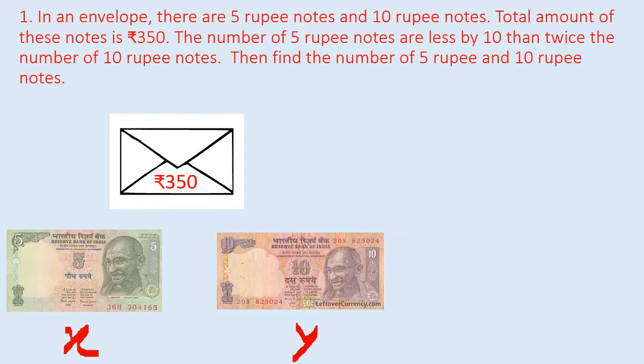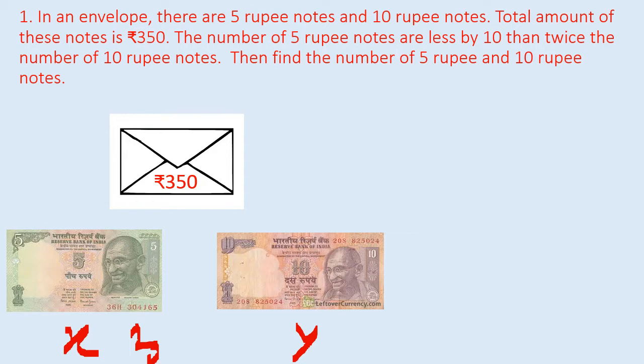How much amount does a 5 rupee note give us? That value will be 5x. Yes, because if there is one note, then 5 ones will be 5 rupees. If there are two notes, then 5 twos will give us 10 rupees. If there are 3 notes, then 5 threes will be 15.